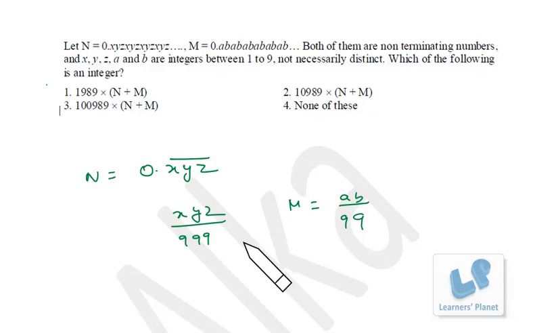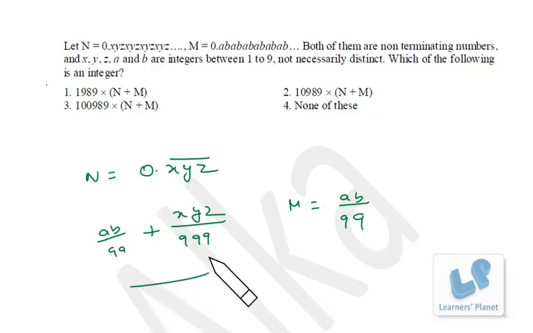Since we don't know the value of xyz and ab, we have to see n plus m, as we have been asked. For the number to be an integer, it should be a multiple of the LCM of 999 and 99. If we add them, we are going to take the LCM in the next step, so that's 99 and 999.